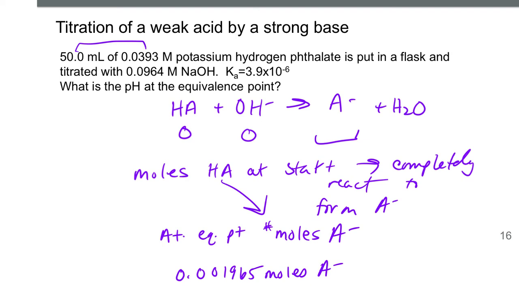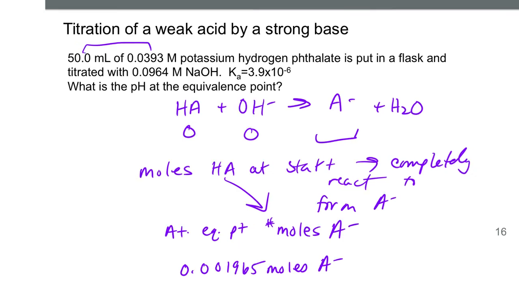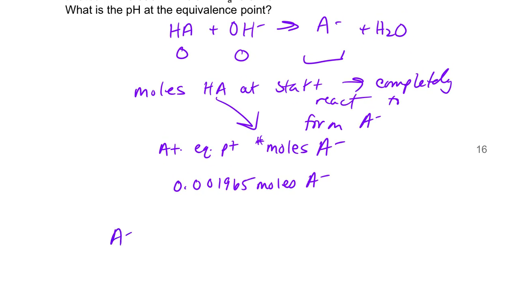But we have A minus in solution, right? We can't just get a pH from knowing that concentration. We need to do an ice table here. And in this case, we have an A minus plus H2O in equilibrium with HA plus OH minus, excuse me.